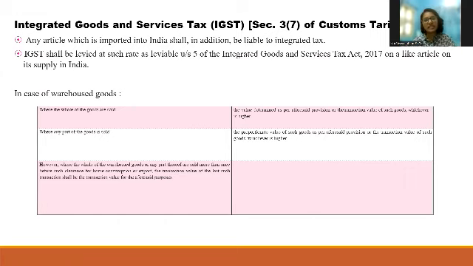In order to ensure that the same GST charged on domestically manufactured goods on their sale is also charged on our imported goods, IGST will be charged. It will be based on the IGST Act, and the rates will be based on the IGST Act.